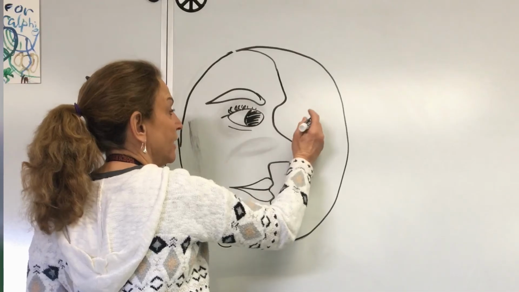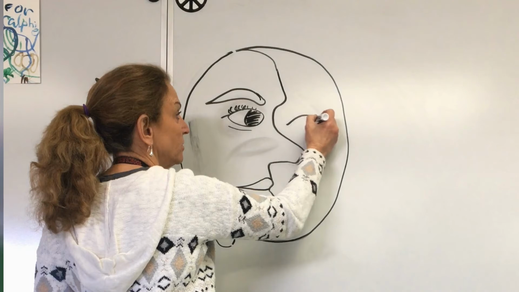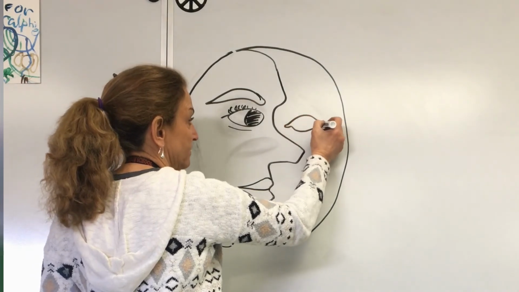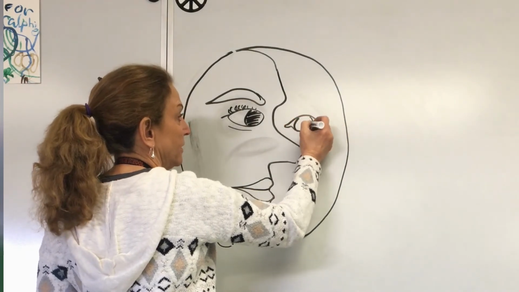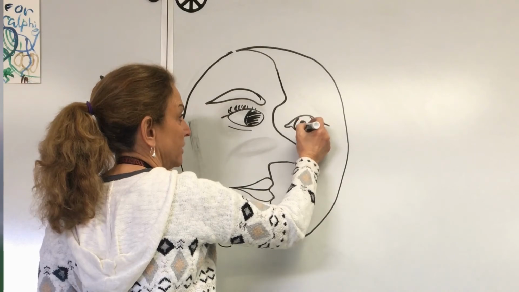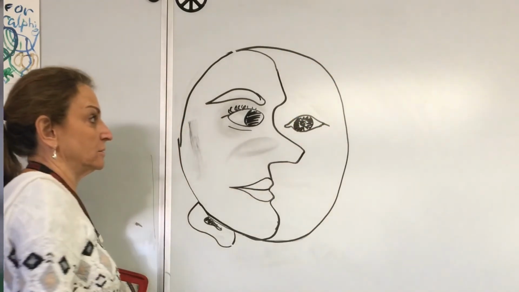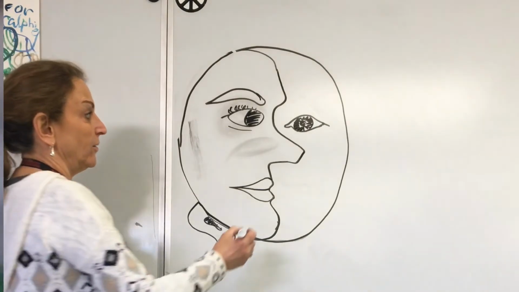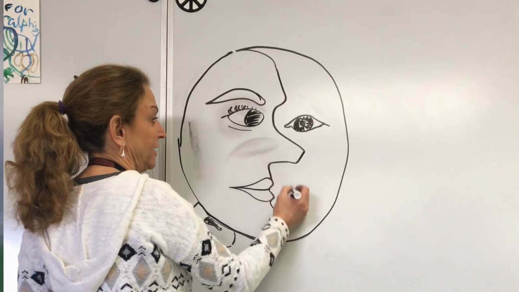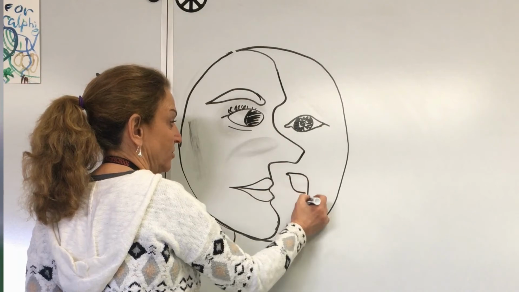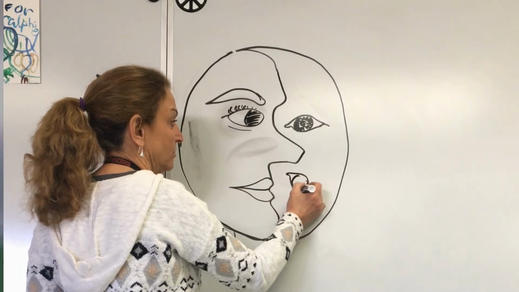This eye is going to look forward. Now, again, you can play with placement, but in any case, I want it looking forward. Okay, now you could put it here because this is Cubism and you can move things around wherever you want to.